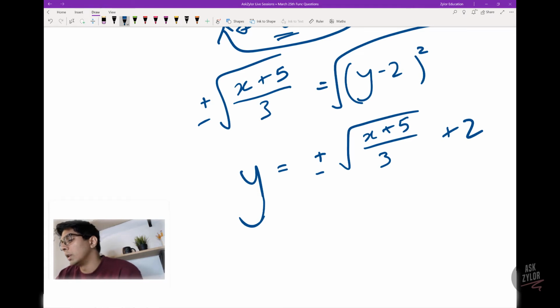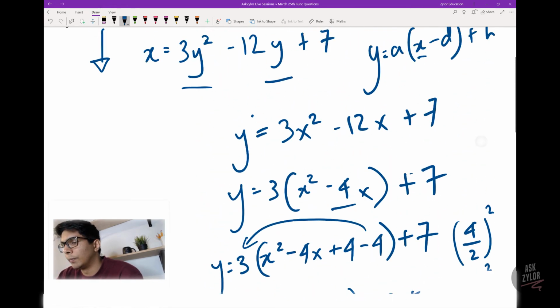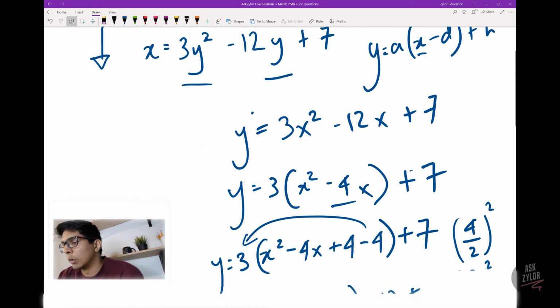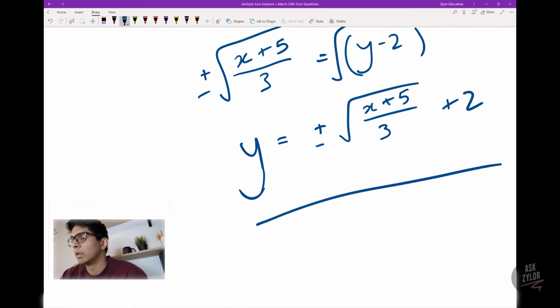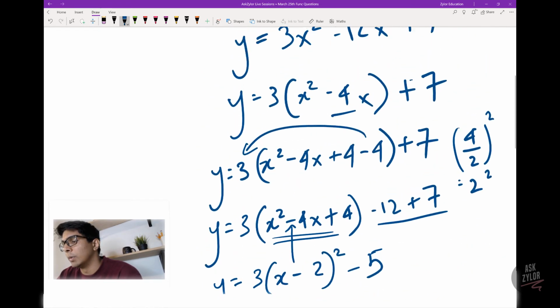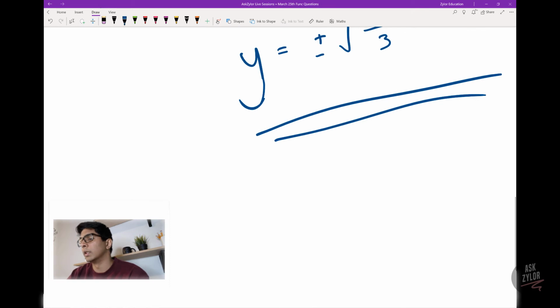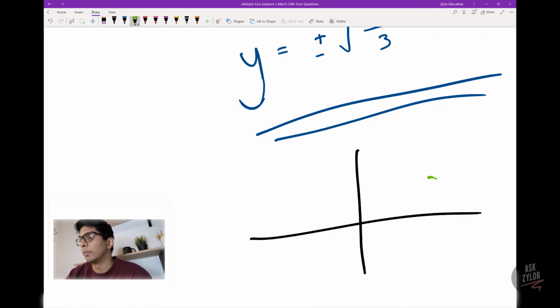So I have y is equal to plus or minus the square root of (x plus 5) over 3, plus 2. So I came up with the inverse of a quadratic function, but if you are familiar with square roots, it's not going to be a function because it's not going to pass the vertical line test. It's going to take the form of something like this.